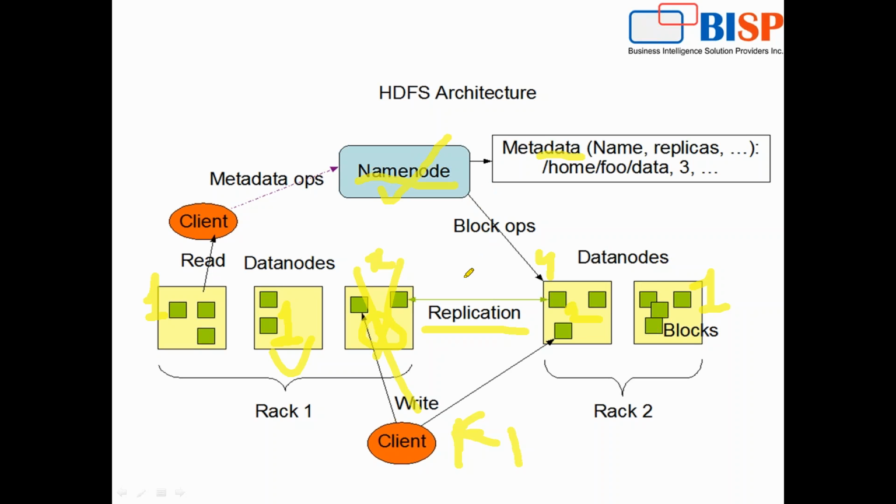When I make a request to write the data, it ensures that block 1 is present here and the replication is present in other systems.